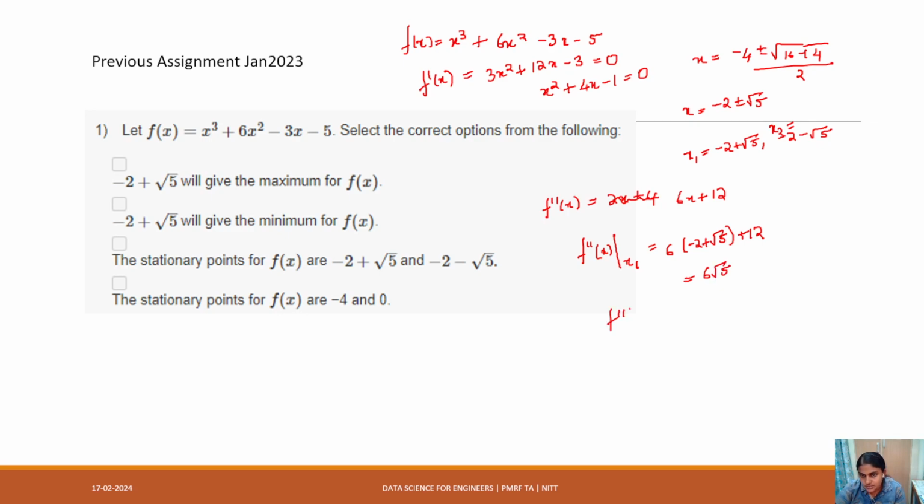And f double dash of x at x2 will be 6 into minus 2 minus root 5 plus 12, which gives minus 6 root 5. So this is greater than 0, which implies the minimum value, and this is less than 0, which implies the maximum value. So at minus 2 plus root 5 you will get the minimum.